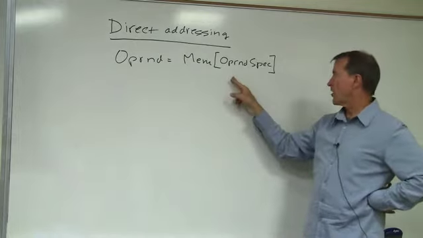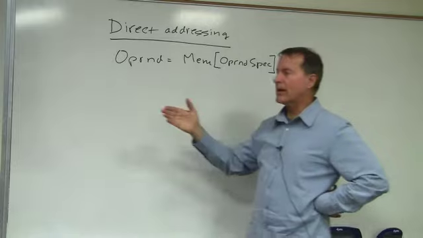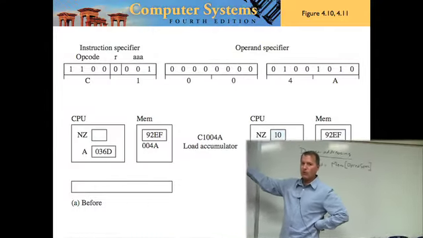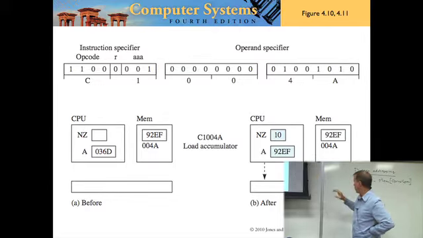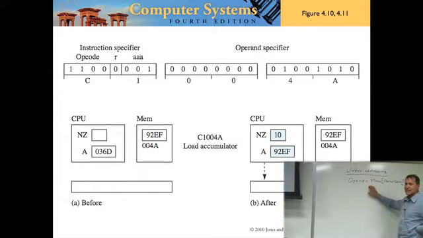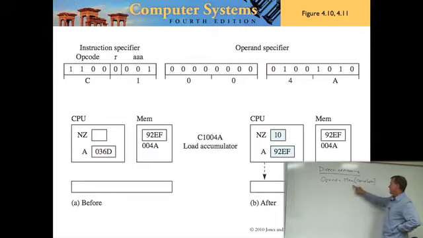Now, what does OPRND stand for? Operand. And OPRND SPEC stands for operand specifier. And remember, in the instruction, the operand specifier is the second 2 bytes, the 004A. So what direct addressing is telling us is that the operand is Mem[operand specifier].